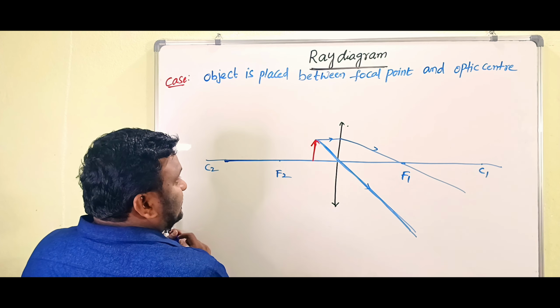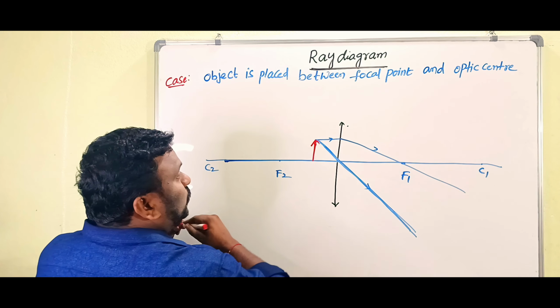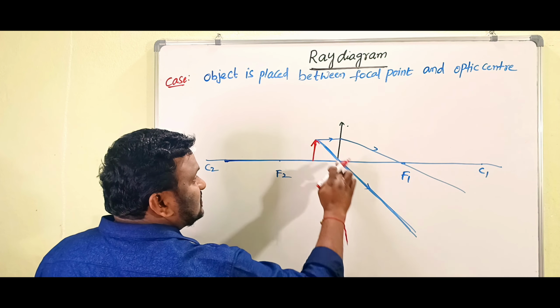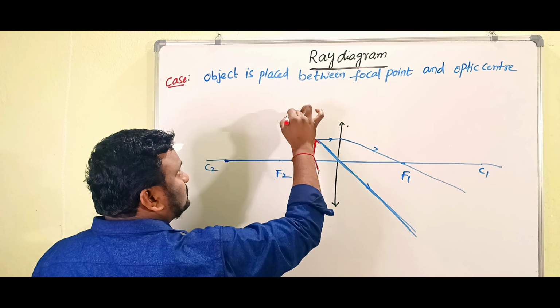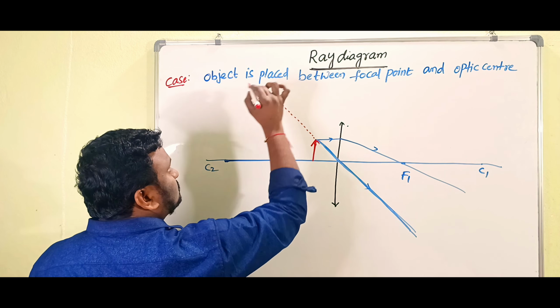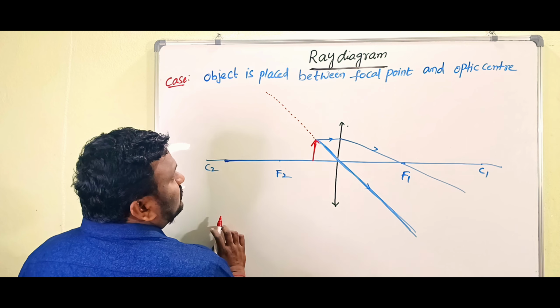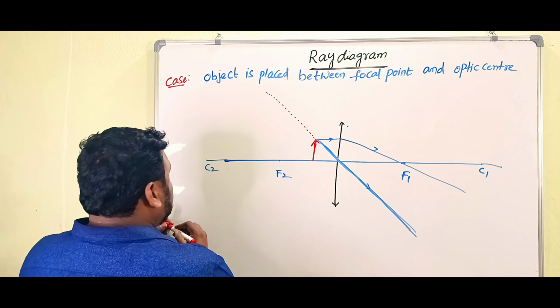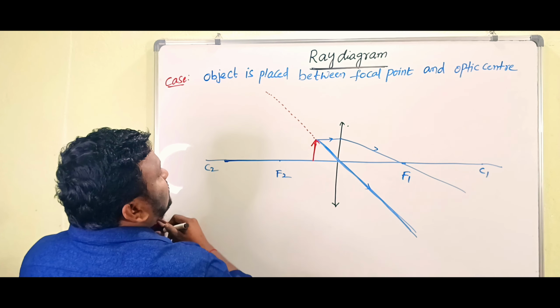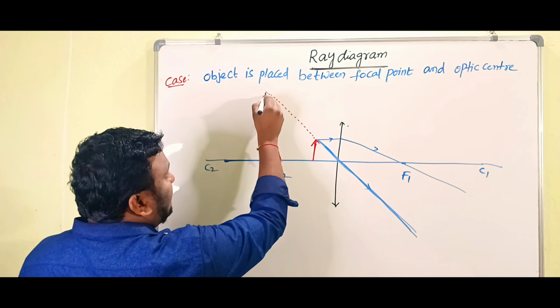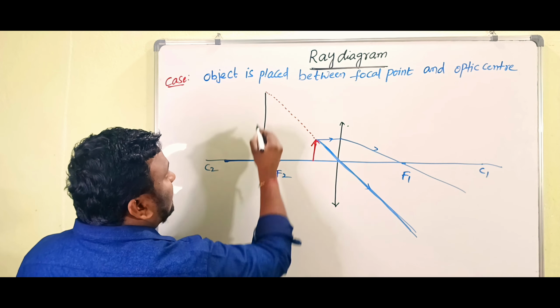After that, we have to extend the ray which passed through the optic center, like this. Clear? And that forms the image on the same side, like this.